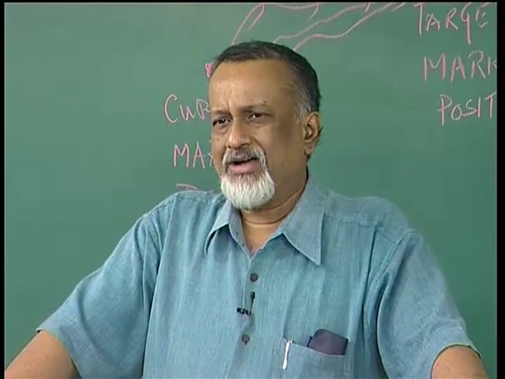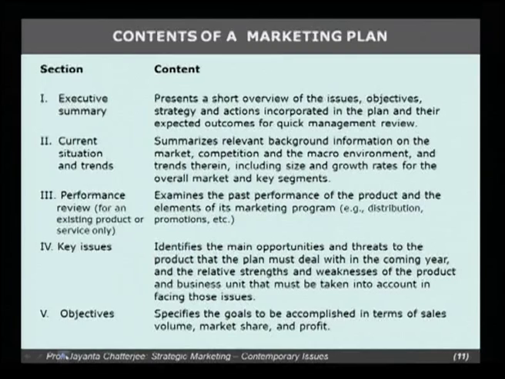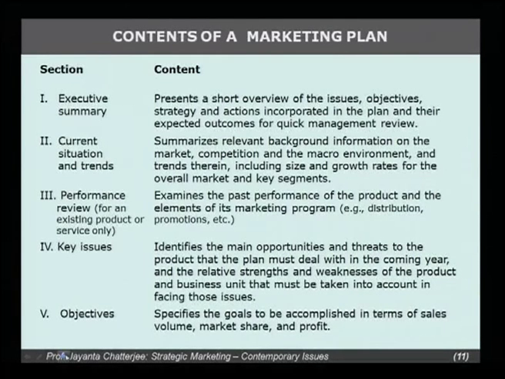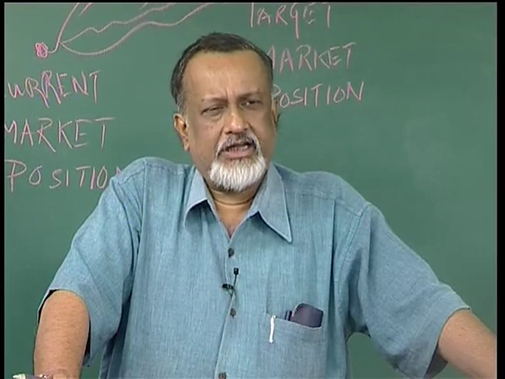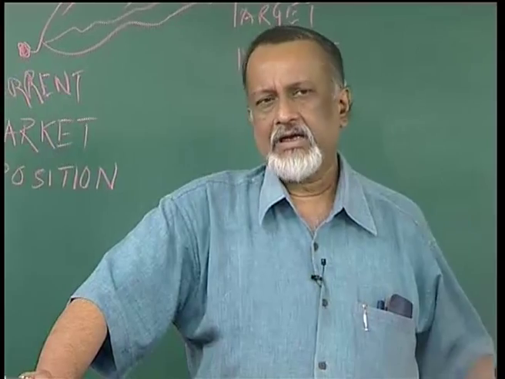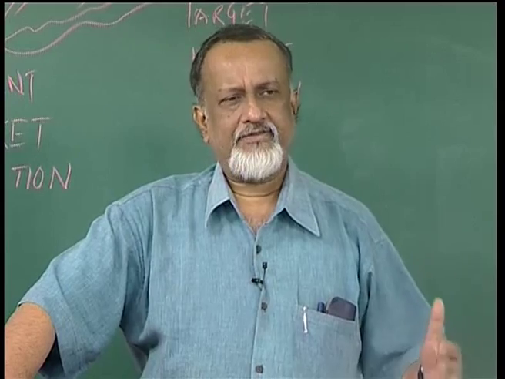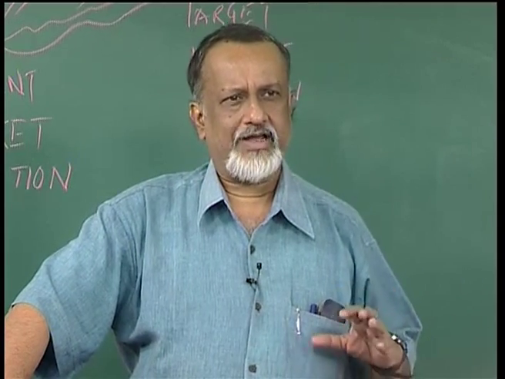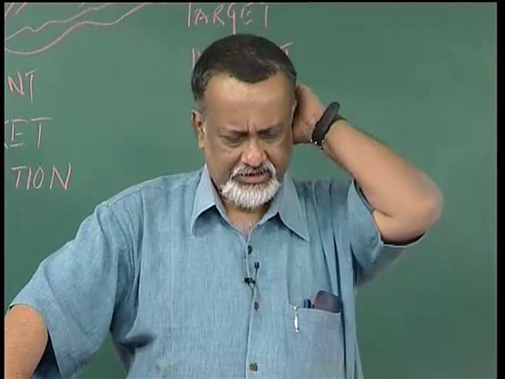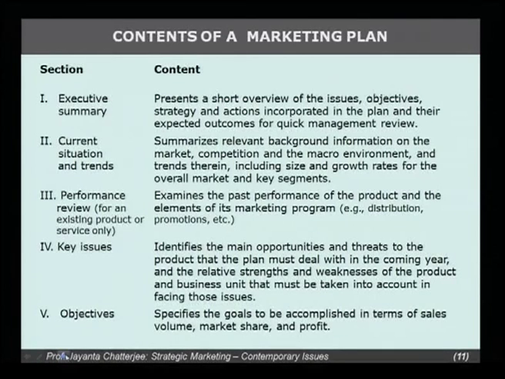So, to summarize, we have to go back to the original concepts that we have discussed so far: product life cycle, the Ansoff matrix, the SWOT analysis, the key financial tools, and we have to put it all together to create a marketing plan. Typically in a marketing plan, these are the major parts: an executive summary, current situation and trends, performance review for an existing product or service, key issues and objectives.